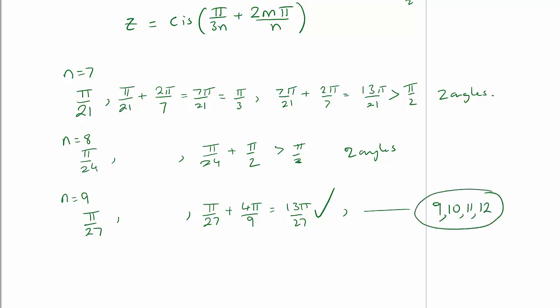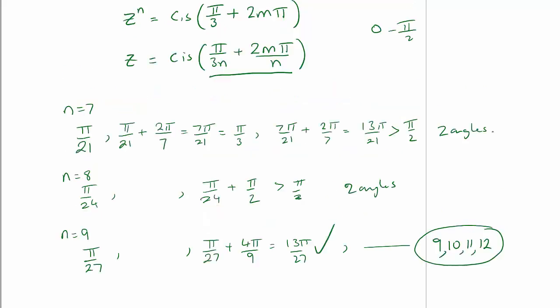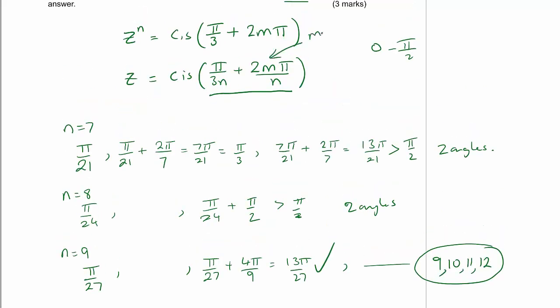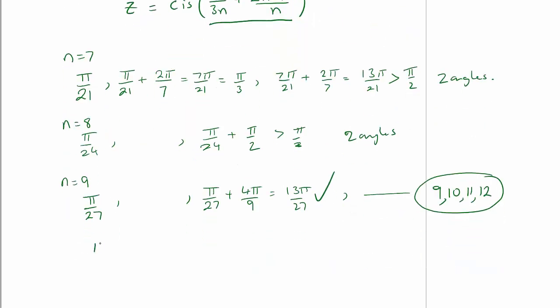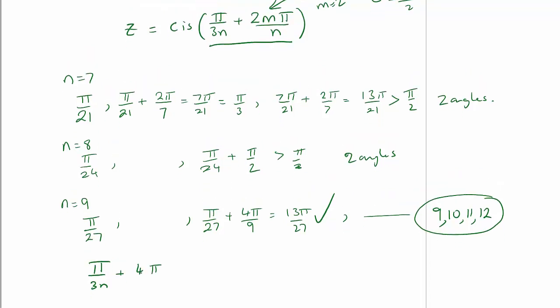But there must be a better way of doing it, so let's look at that. If we think about this situation here, what we're looking at is when the third angle fits. Now the first angle was the m equals 0, the second one's the m equals 1, the third one's the m equals 2. So if m is 2, what we're looking at is whether pi over 3n plus 4 pi over n is less than pi by 2.